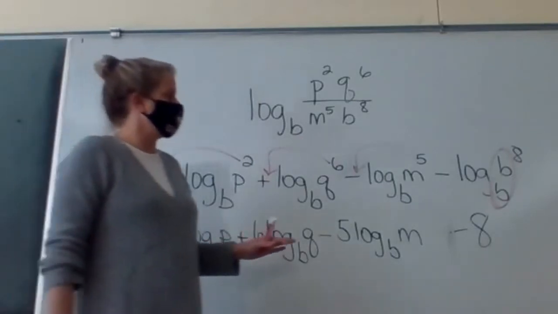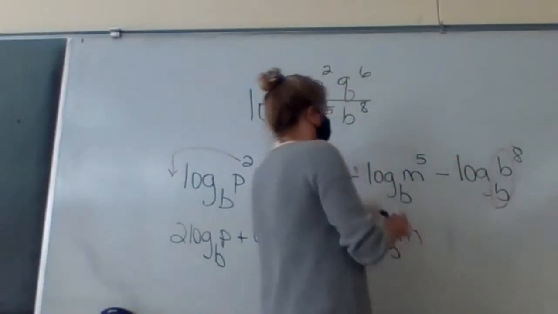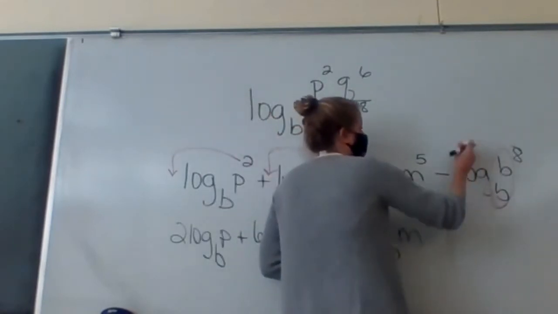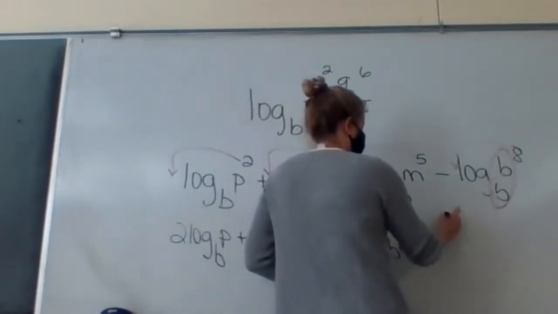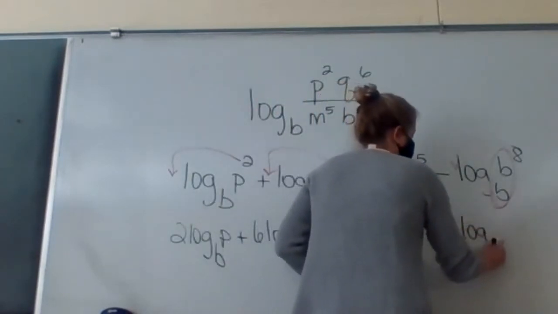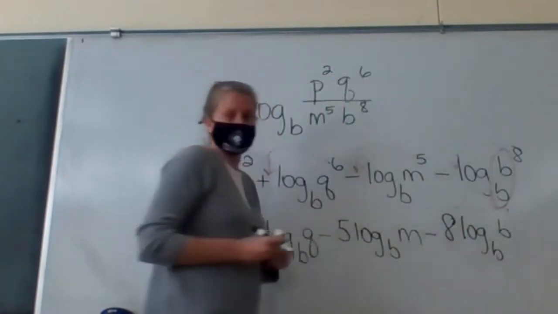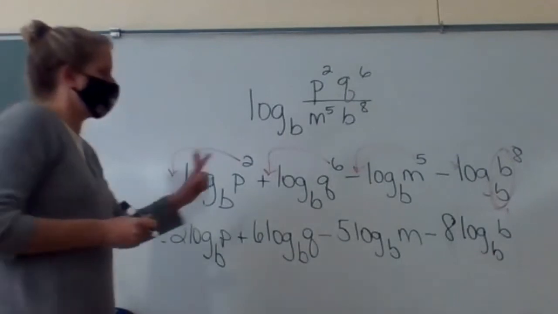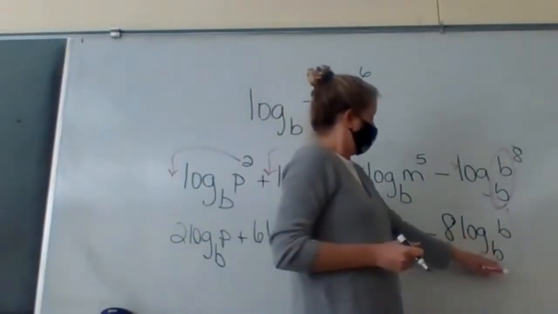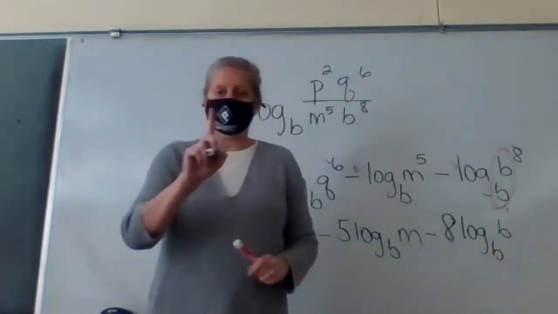If I didn't see this at the beginning, what if I just went ahead and did the same thing I've done to all these other ones and brought down that 8? So I'd have minus 8 log base b of b. I would still need to recognize that there. If you have log and your base and this number are the same exact thing, that is 1.